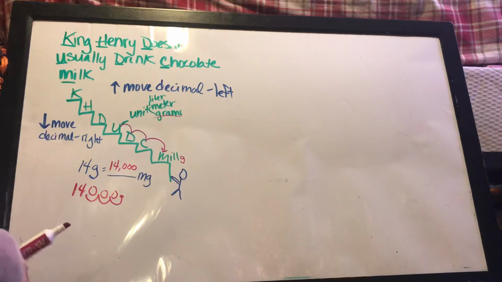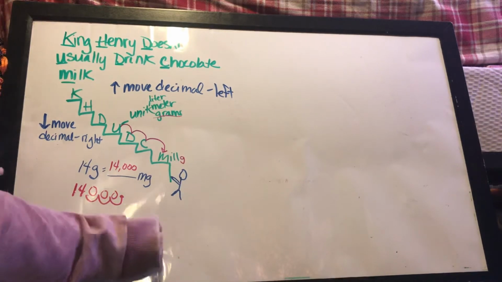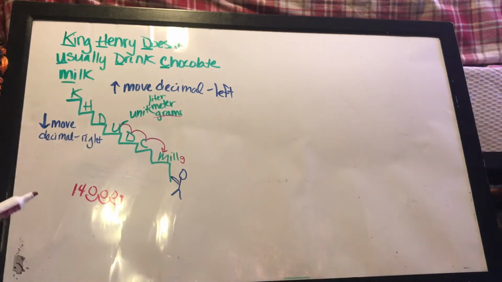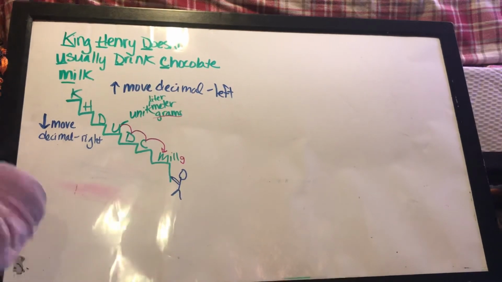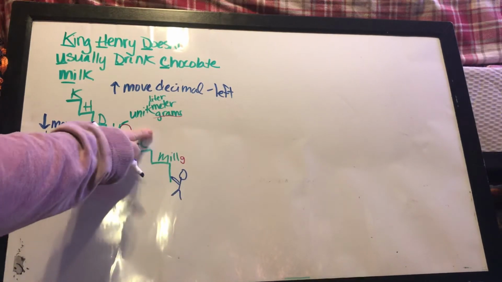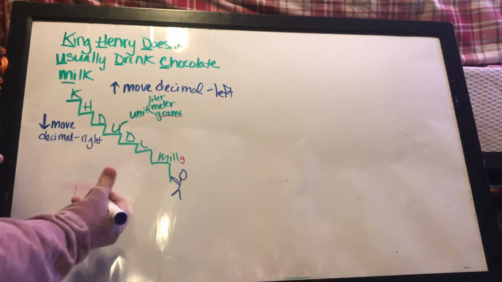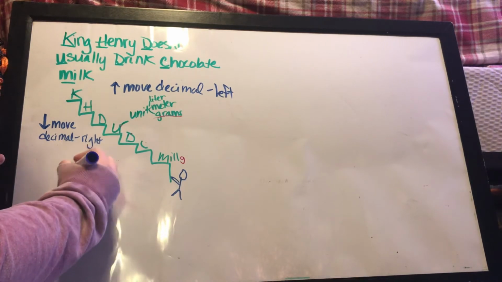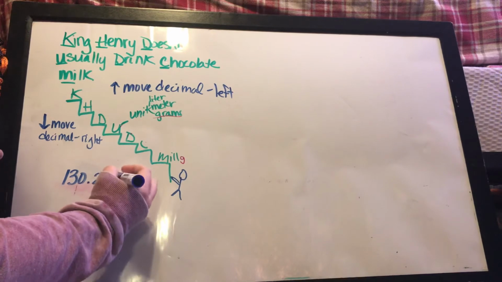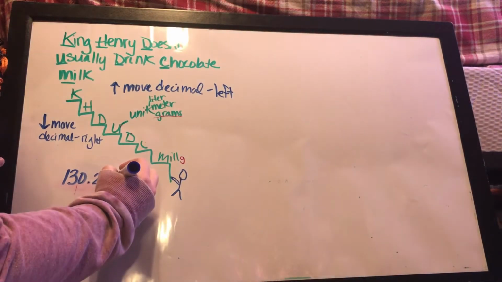Now let's look at if we were to have a question that is going from the bottom of the ladder up. Let's say we have 130 and 2/10, and let's go from millimeter.